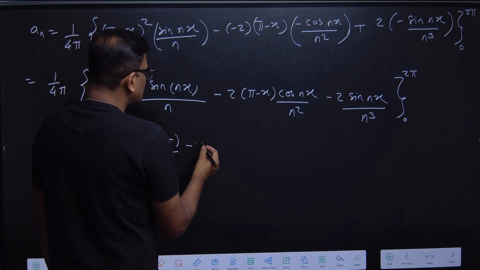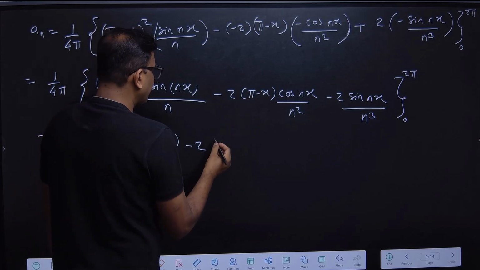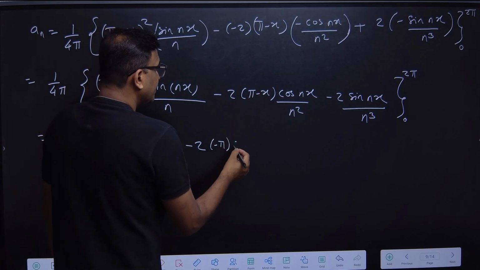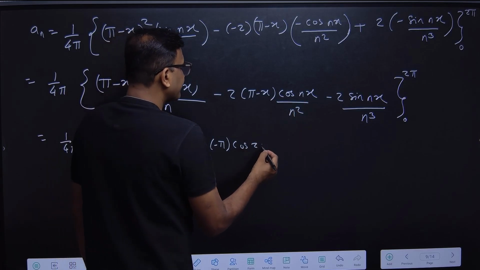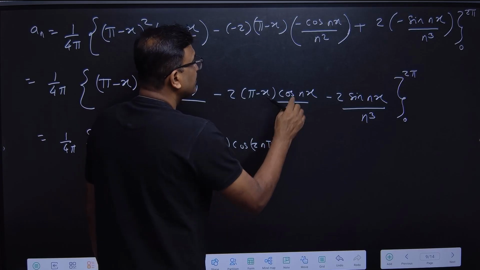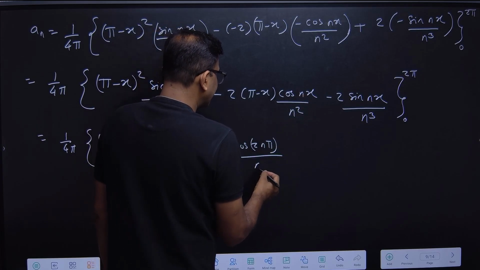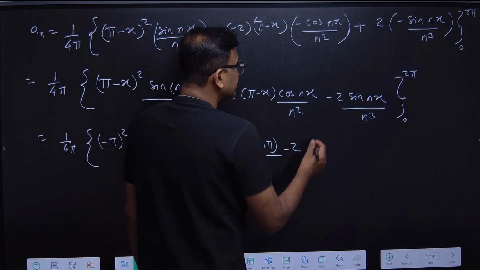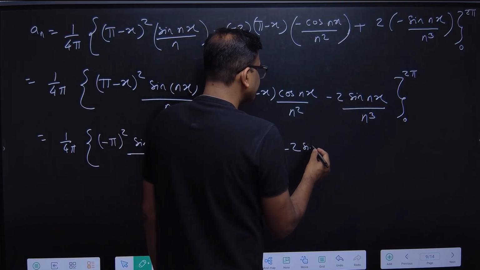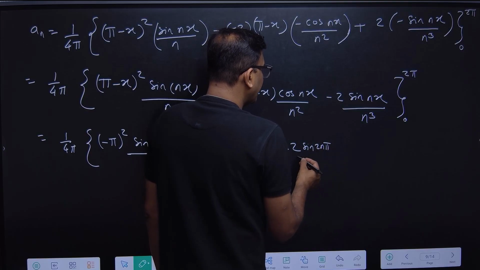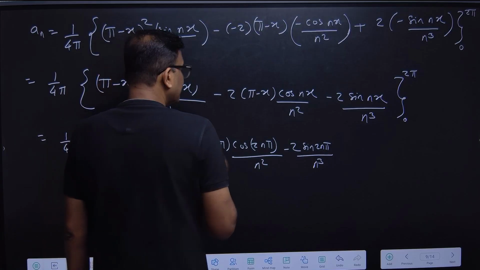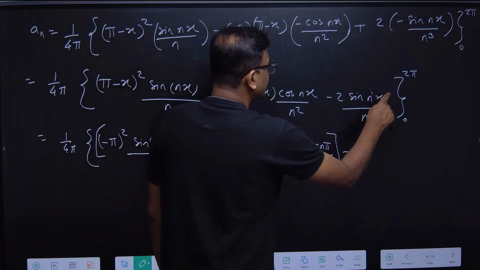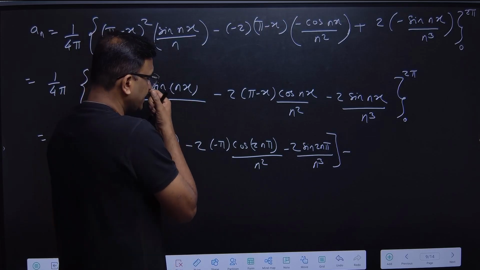Minus 2 into (pi minus 2 pi), which is minus pi, into cos of n into 2 pi, which is cos 2n pi again, upon n square as it is, minus this 2 as it is, sin 2n pi upon n cube. We get this when we put the upper limit 2 pi in place of x. Wherever there was x, we put the upper limit.